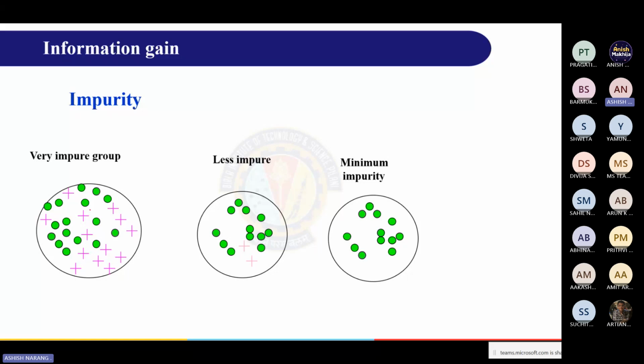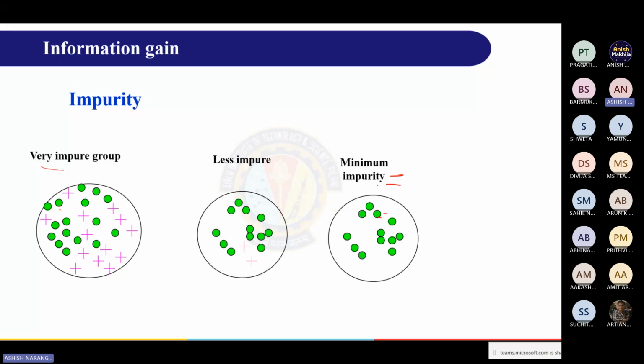Here there are a good number of records belonging to the green dots and plus signs, so this is a more impure class compared to this, where you have only two records belonging to a plus and most of the records belonging to the green circles. This is minimum impurity, where all the records belong to one class. So our objective is this one.